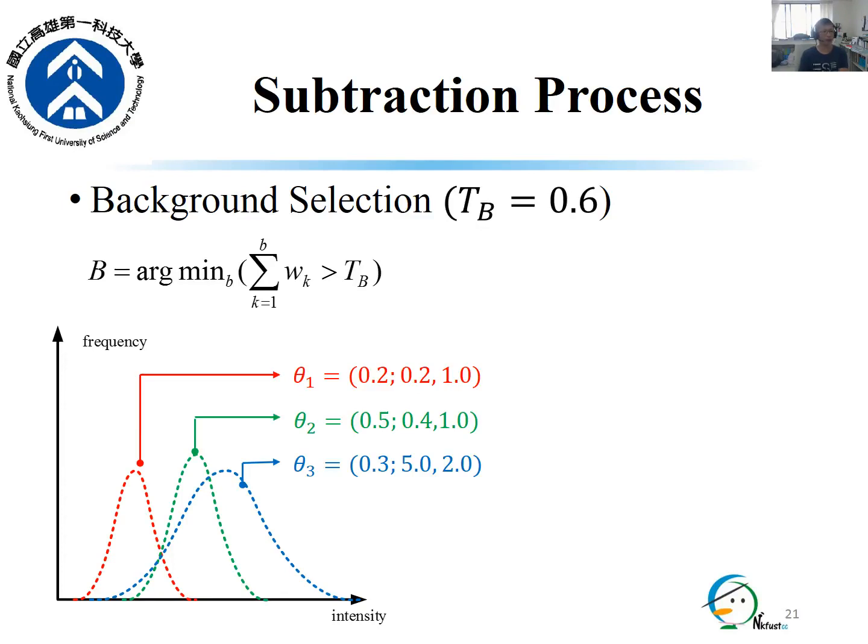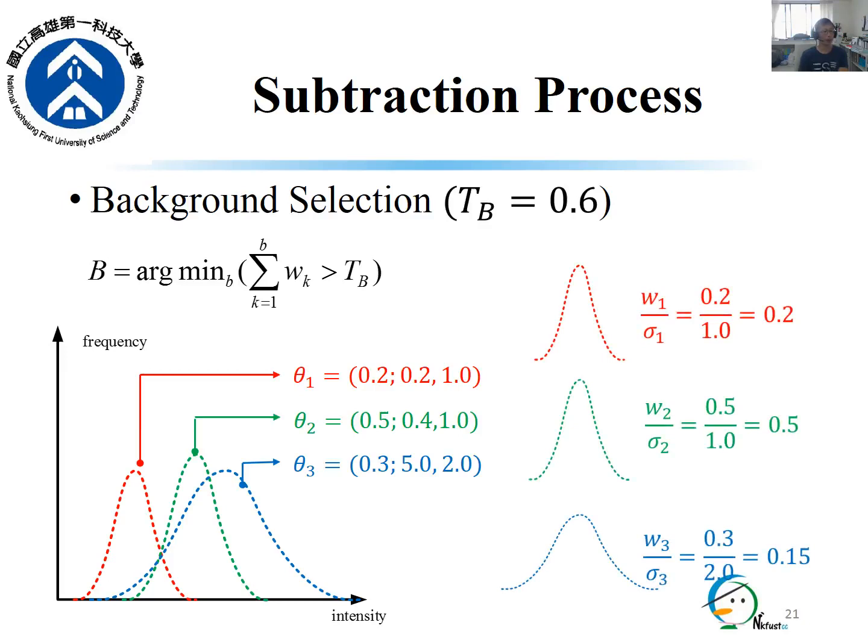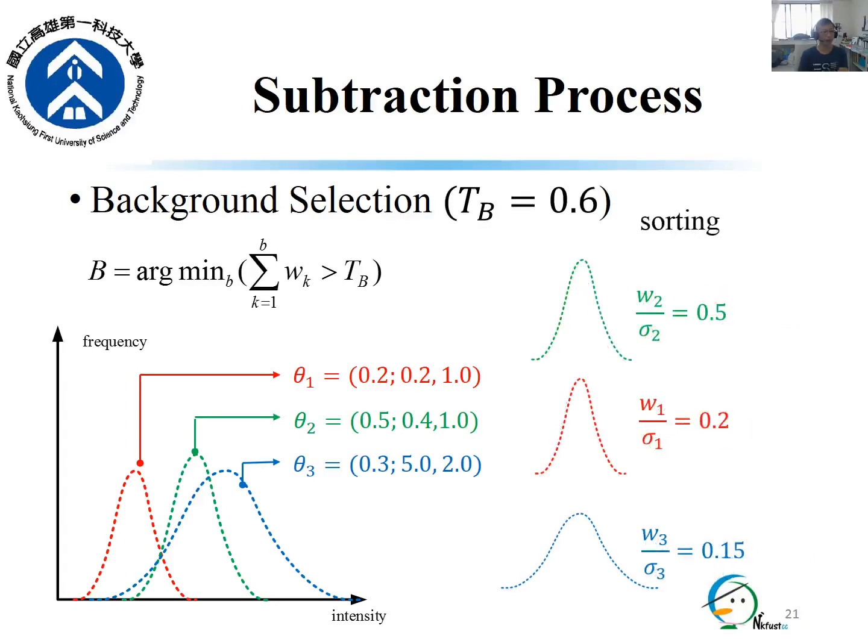We first calculate the weight over sigma and then sort them. Since the total weight of the first 2 Gaussians is 0.7, which is larger than T sub B, we consider the first 2 Gaussians as the background Gaussians.